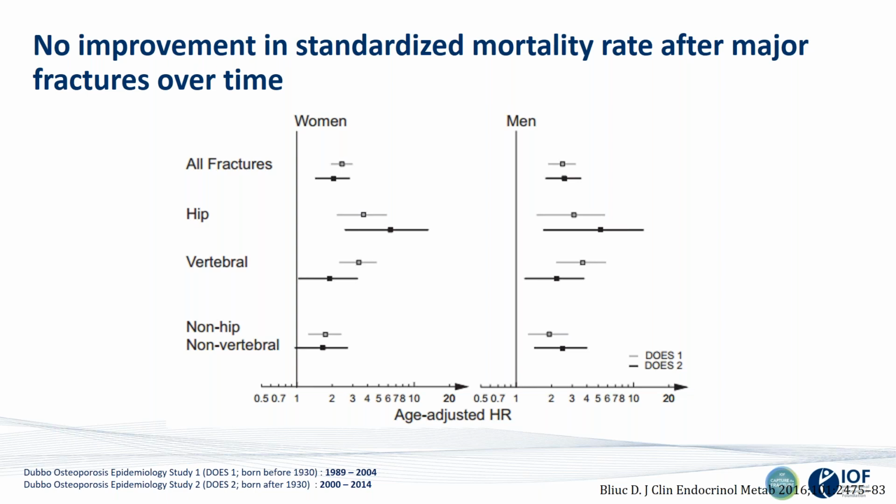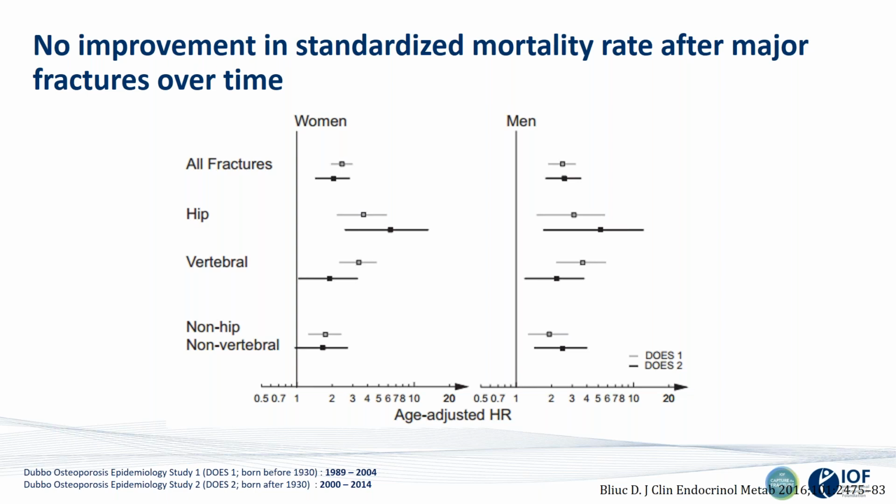And I show you here a very interesting study that was performed in the Geelong cohorts in Australia. What they did in this specific study, they split their population in two groups depending on the year they were born, before 1930 and after 1930.